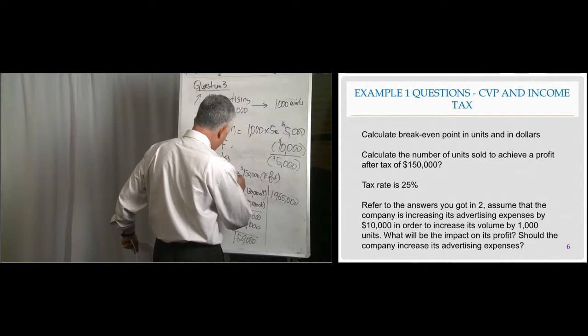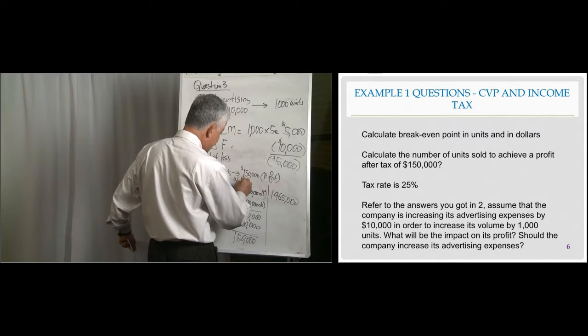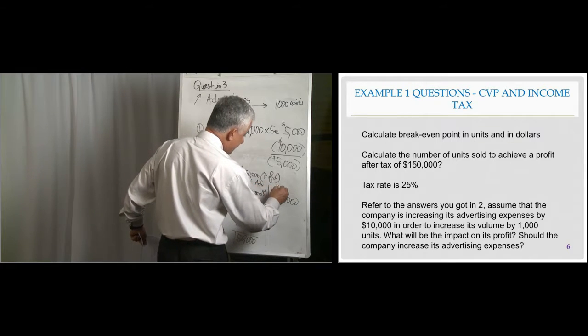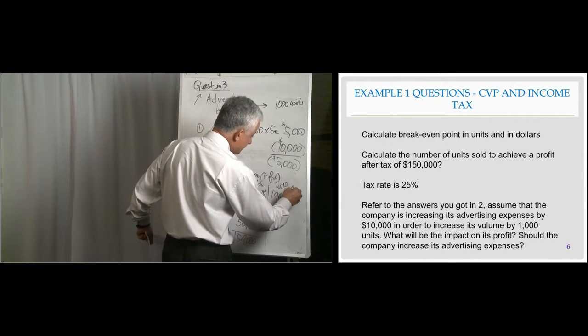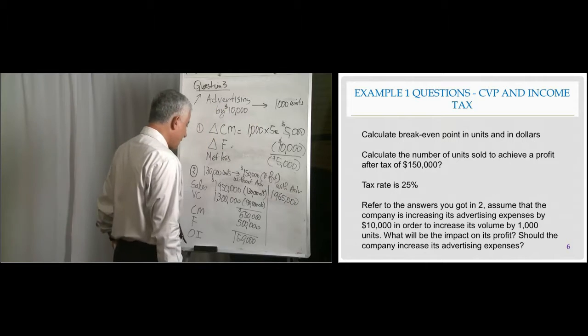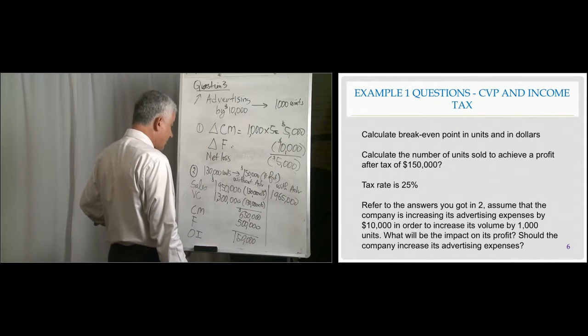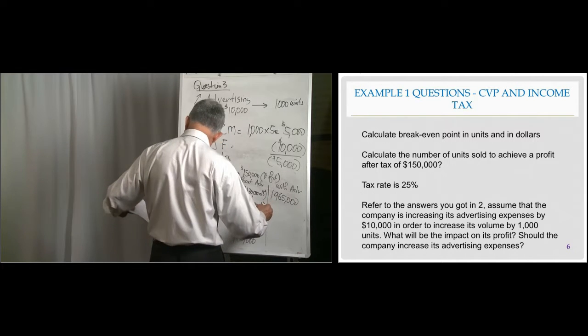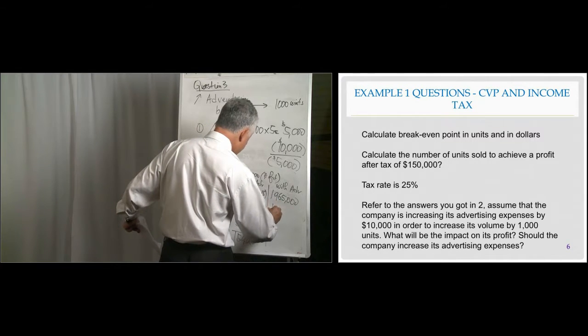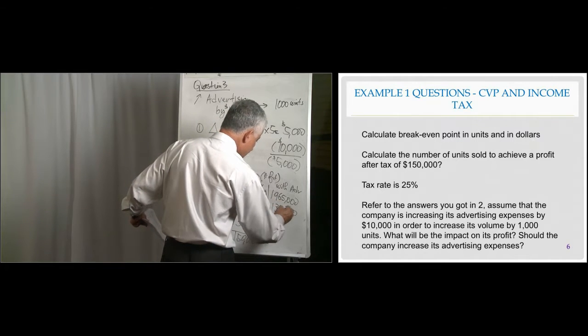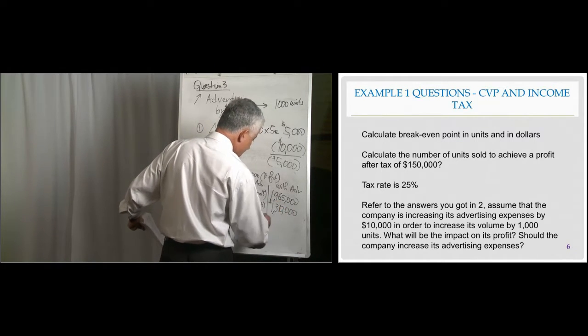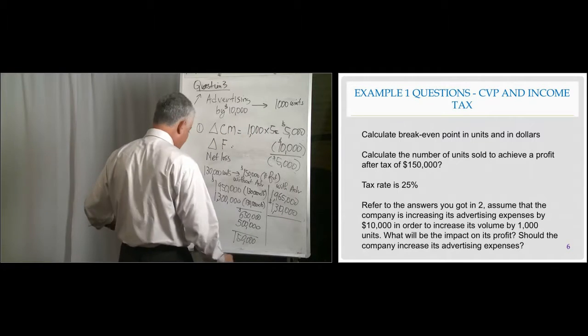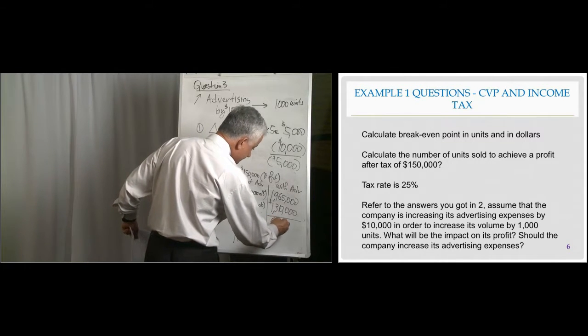This is without advertising, and this is with advertising. And then the variable cost would be what? 131,000 times 10, which is 1,310,000. So that will give us a contribution margin of 655,000.